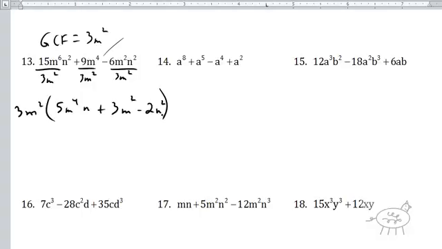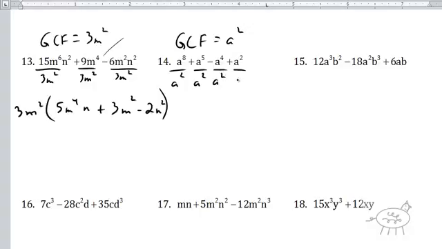It's not bad. Okay, so the next one, number 14, there's no number, just variables. So I am going to factor out the smallest exponent there. For a, it's a squared. So my greatest common factor is just a squared. So I'm going to divide each of these by a squared. And notice I always divide each one out.